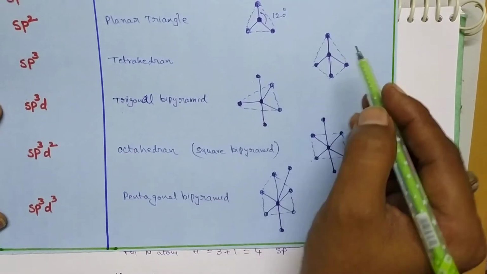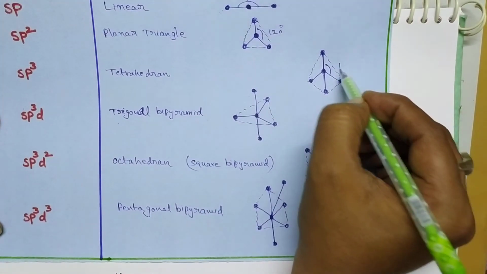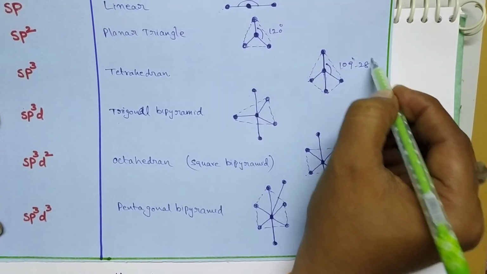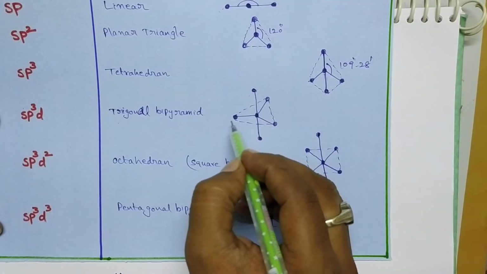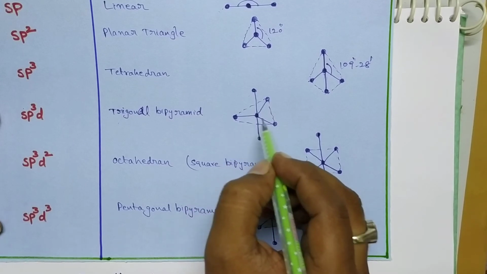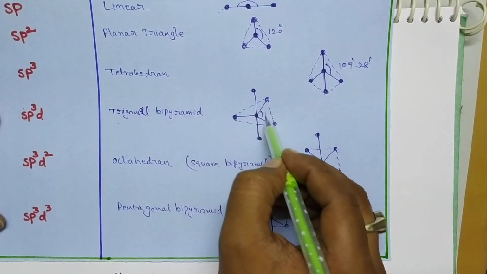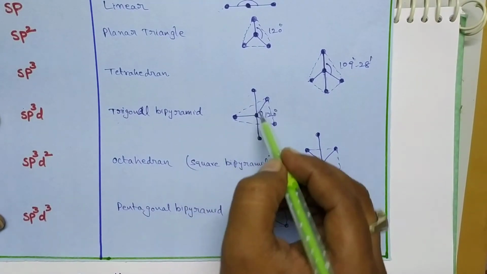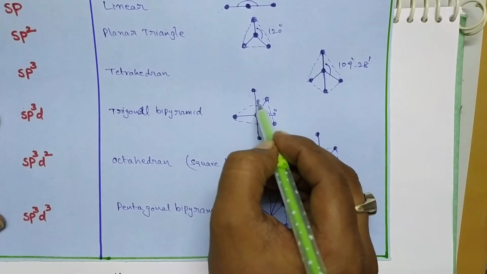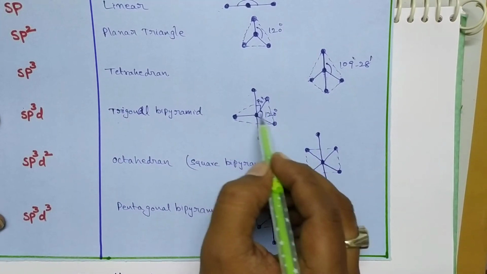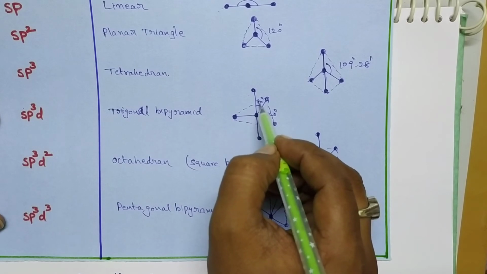So here in case of tetrahedron structure the bond angle will be 109 degrees 28 minutes. In case of trigonal bipyramidal structure, the bond angles will be 120 degrees and 90 degrees. Here it is perpendicular to the plane of the triangle, so it is 90 degrees.